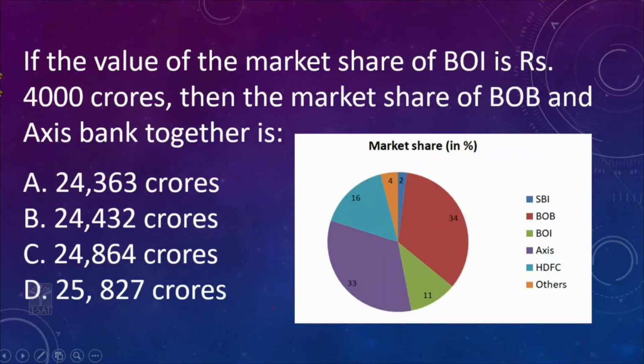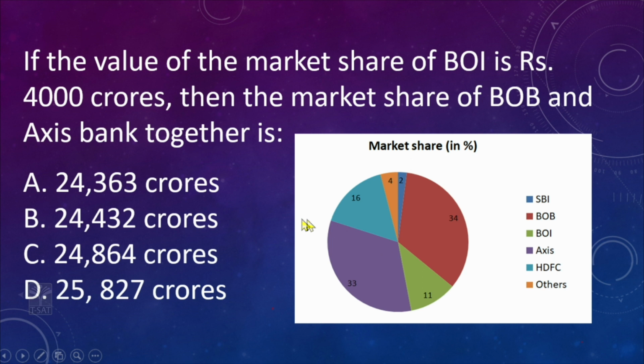Here the question is: if the value of the market share of Bank of India is 4,000 crores, then the market share of Bank of Baroda and Axis Bank together is? In this pie diagram, State Bank of India, Bank of Baroda, Bank of India, Axis Bank, HDFC and other banks are represented.